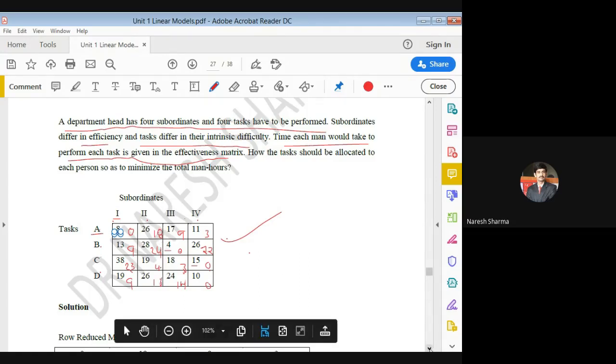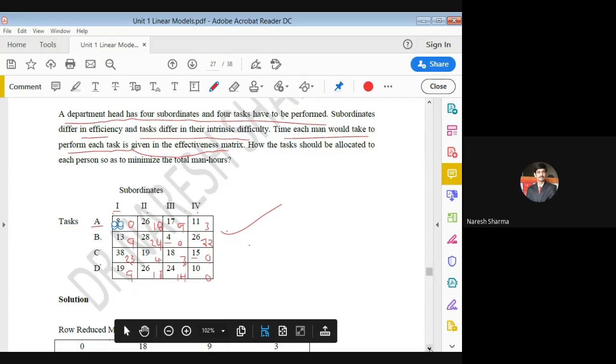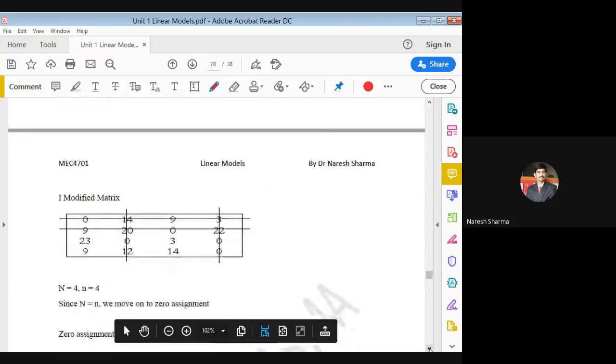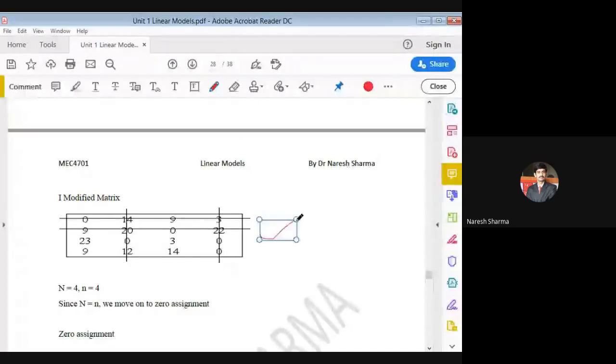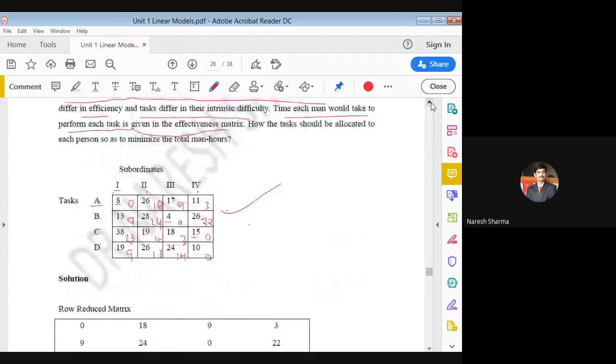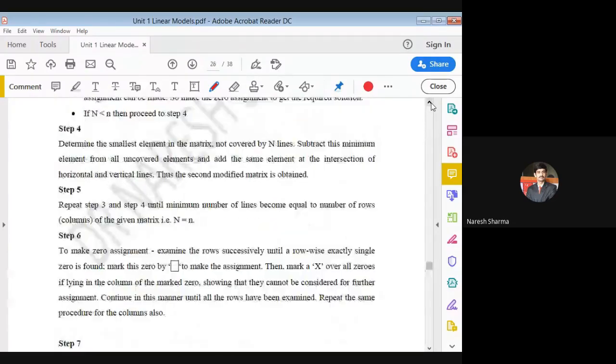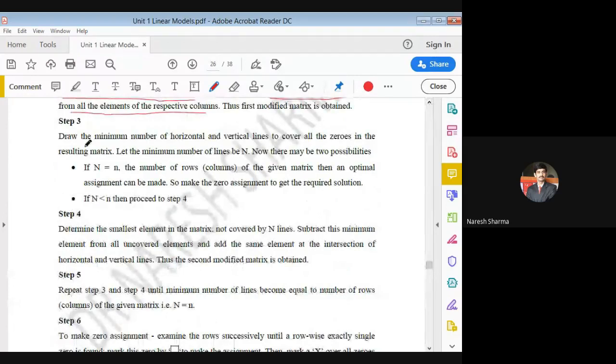So after completing these two steps, you get this matrix. Now what do we do with this one? Just read step number 4 first in algorithm 3 and 4. It says draw the minimum number of horizontal and vertical lines to cover all zeros in the resulting matrix.